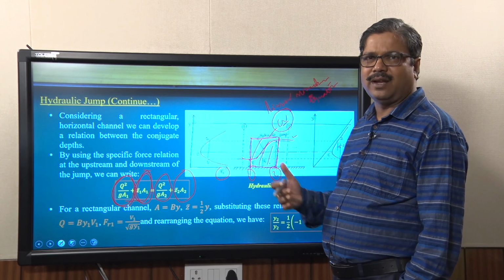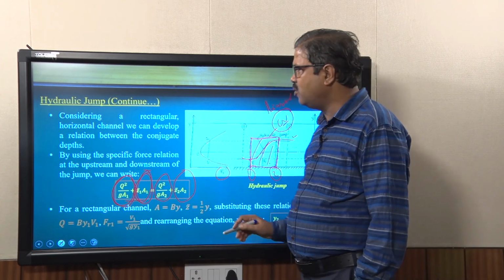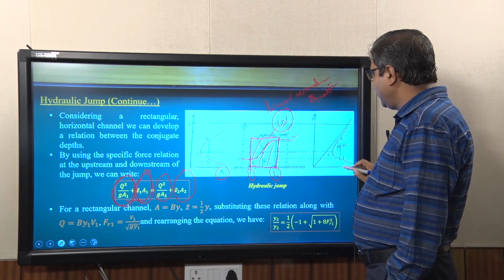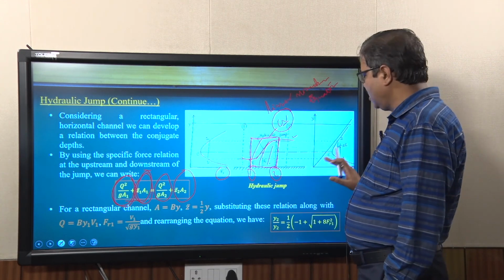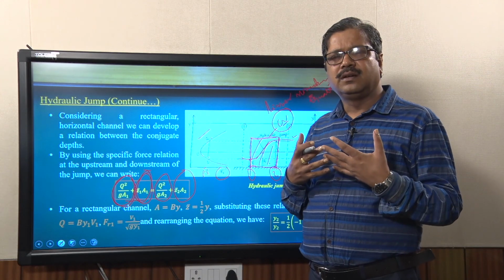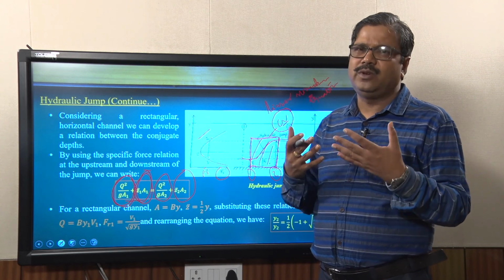The specific force will be the same, but because of the hydraulic jump there are energy losses, so in the specific energy diagram, 1 and 2 will be at different locations. In the specific force diagram, they will have the same specific force at 1 and 2.